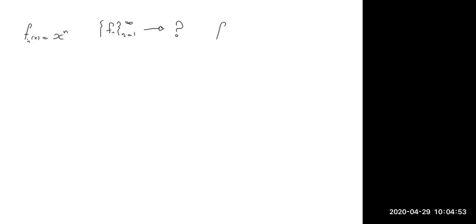So for example, f_1 of x is just x to the 1, which is x. f_2 of x is x squared. f_3 of x is x cubed, and so on. So we have this sequence of functions, right?